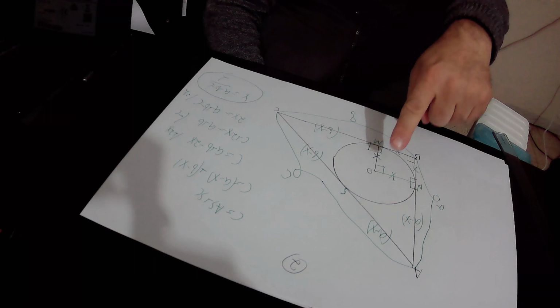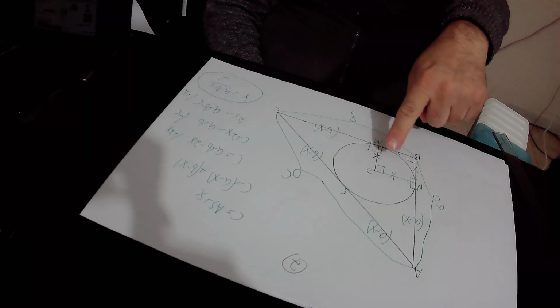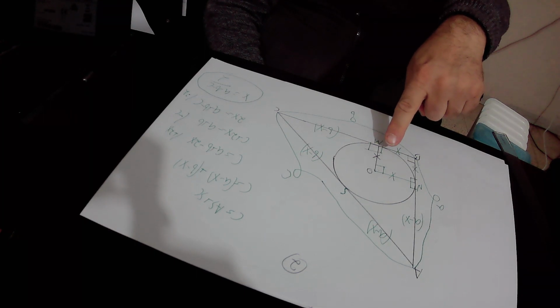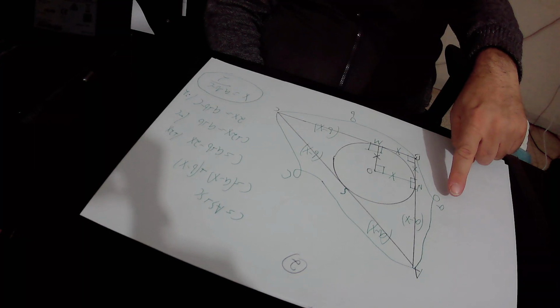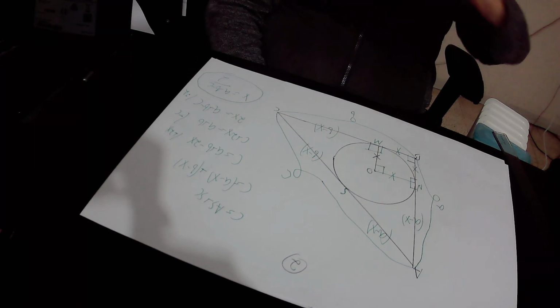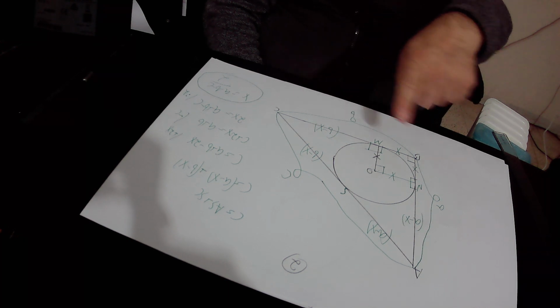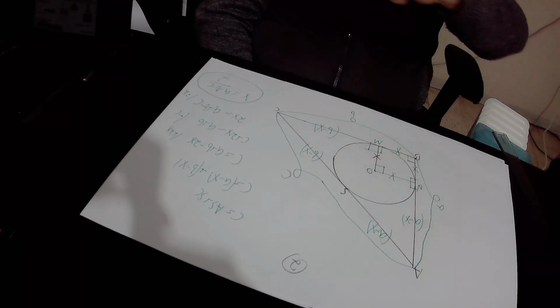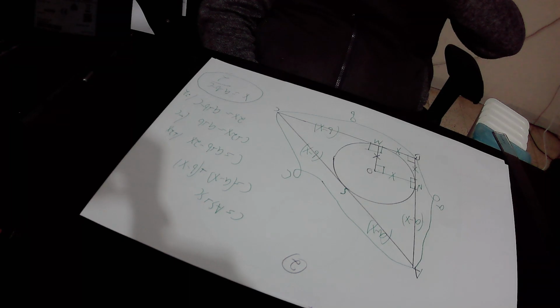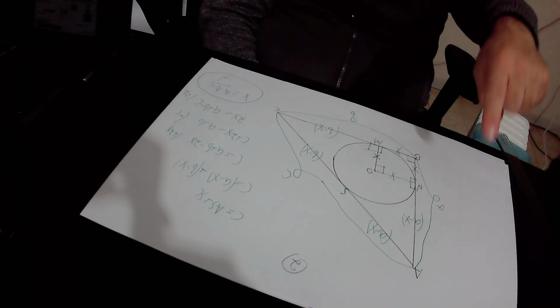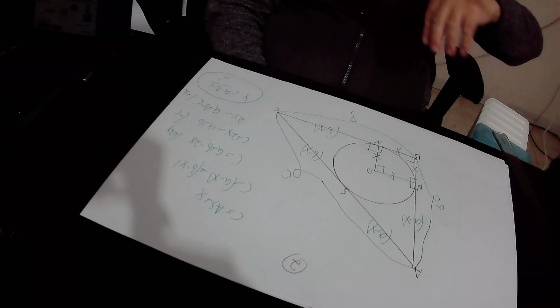The length of this radius OM, that is X, equals A, the length of side AB, plus B, the length of side BC, minus the length of the hypotenuse, that is C, over 2. Repeat again: X equals A plus B minus C over 2.